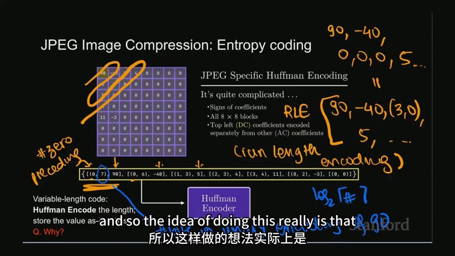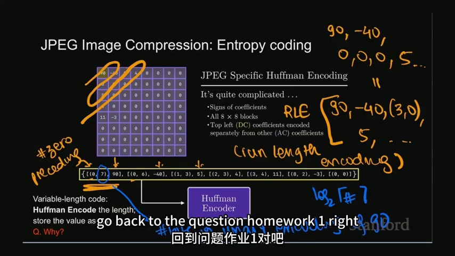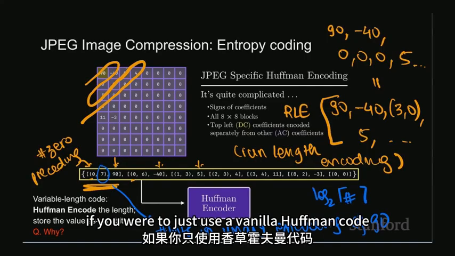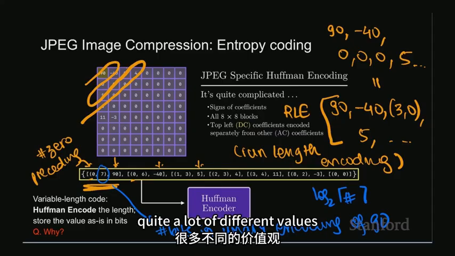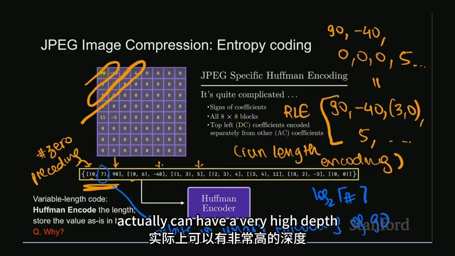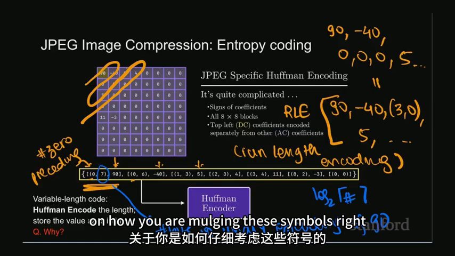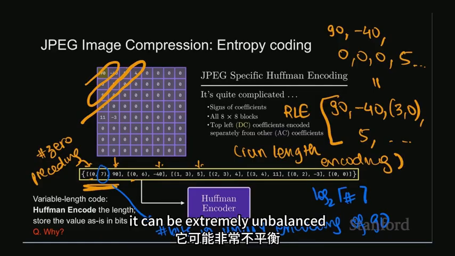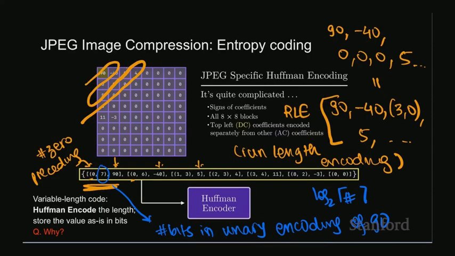And the idea of doing this really is that if you were to, recall the Huffman code, go back to the question, homework 1, right? If you were to just use a vanilla Huffman code for this, quite a lot of different values. You can have 0 to 255 unique values, and your Huffman code can have a very high depth, depending on the probabilities and how you are merging these symbols, right? It can be extremely unbalanced, and you don't really know what that tree looks like beforehand, right?